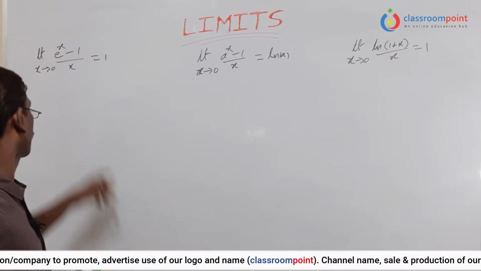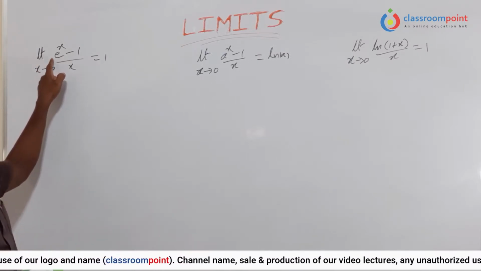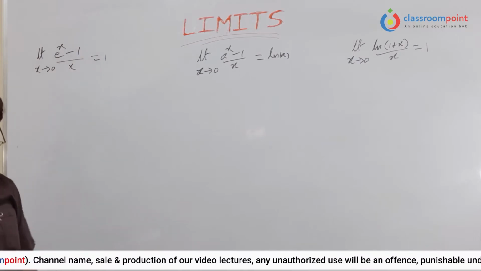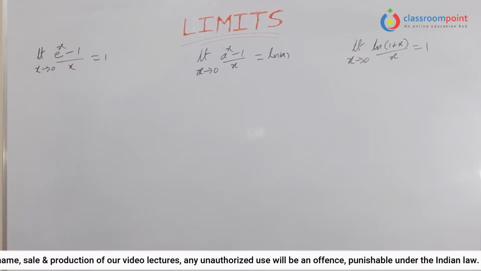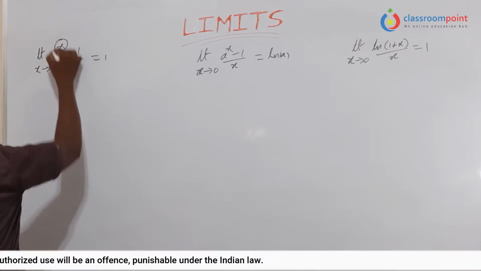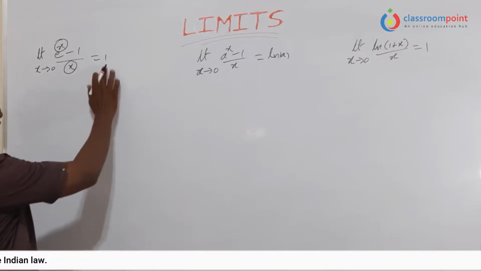So see here, limit x tends to 0, e power x minus 1 by x is equal to 1. That means here remember one point: these both must be the same, then the value is 1.